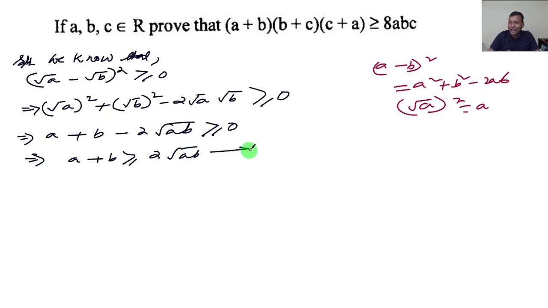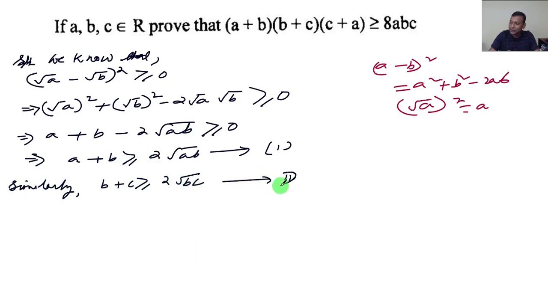Now you see, taking (root a minus root b) whole square as one relation, here we got a plus b is greater than or equal to 2 root ab. So similarly we can get b plus c is greater than or equal to 2 root bc, let it be equation 2, and c plus a is greater than or equal to 2 root ca, equation number 3.